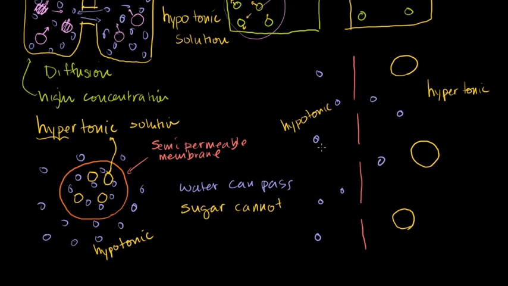And so you would have your traditional diffusion, from high concentration of solute to low concentration of solute. But in this case, these guys can't fit through the hole. Only water can go back and forth. If these guys were not here, water would have an equal likelihood of going in this direction as going in that direction. A completely equal likelihood.